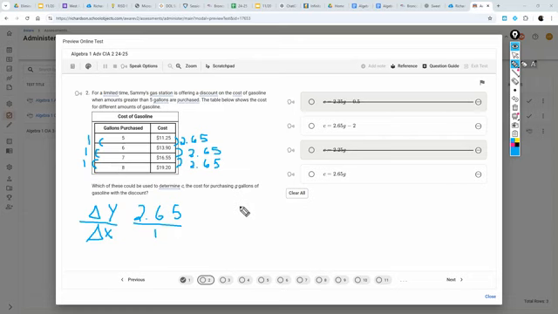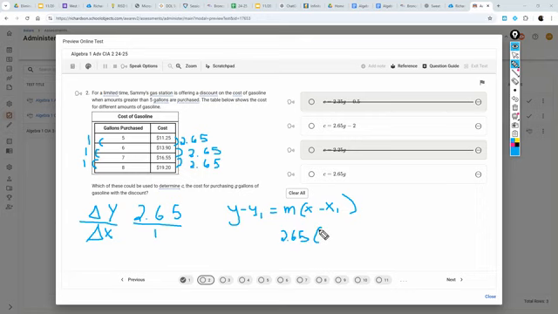Now I'm going to do y minus y1 equals m times x minus x1. Okay, now we have a few of our ingredients. We have our slope, which is going to be 2.65. We know that's going to be our m here.